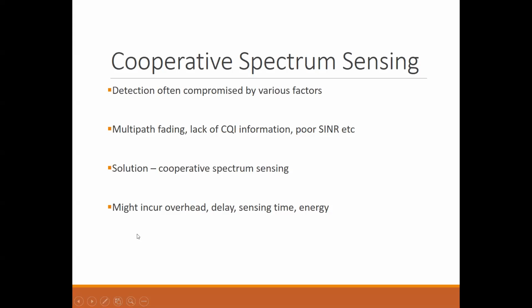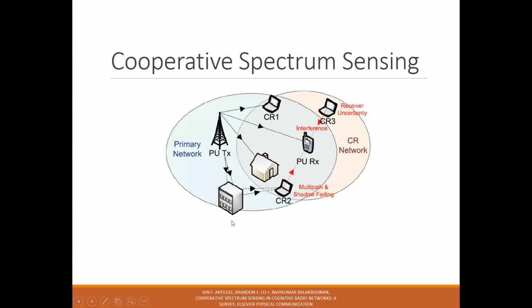So one proposed solution is cooperative spectrum sensing. What is that? Let us take one example. This is a primary network and there is another overlaid cognitive network. Now the primary transmitter is coming. The role of the cognitive radios, CR2 here, is to estimate the spectrum and decide whether it is free or not, and from that come to a conclusion whether to transmit in the band or not.